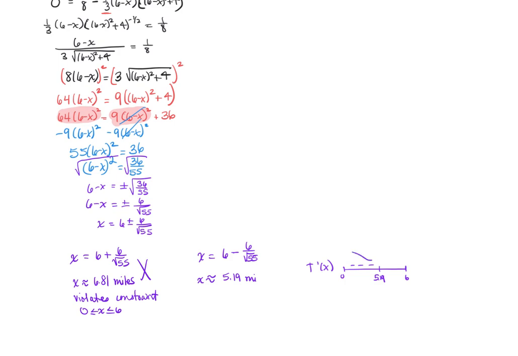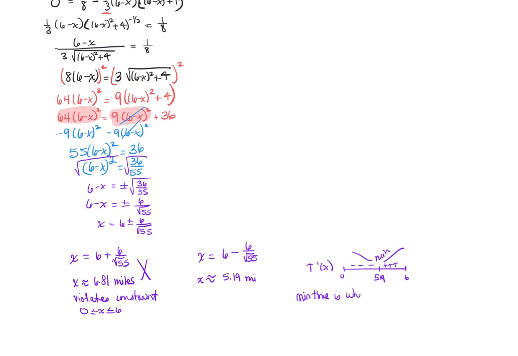When we put in a number like, say, 5.4 or 5.5, we get a positive value. So we do have a minimum time at x equals 5.19.